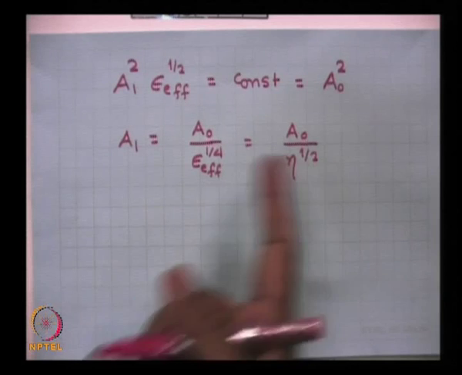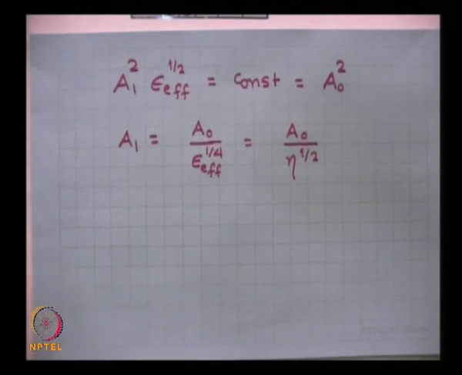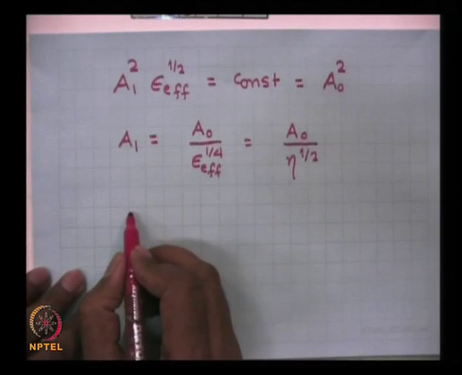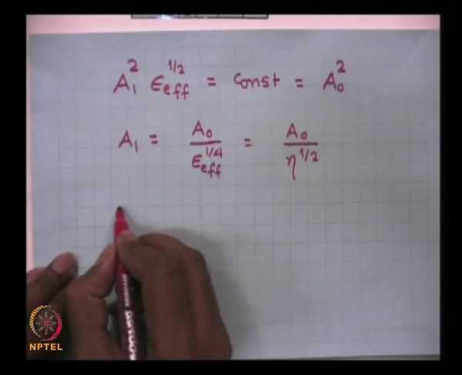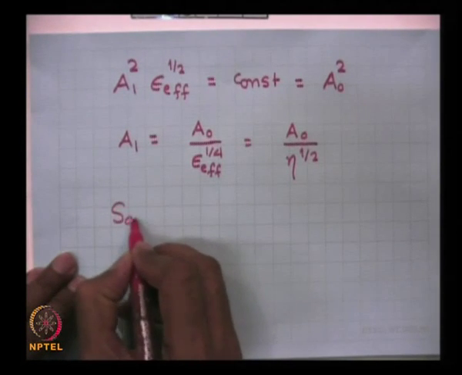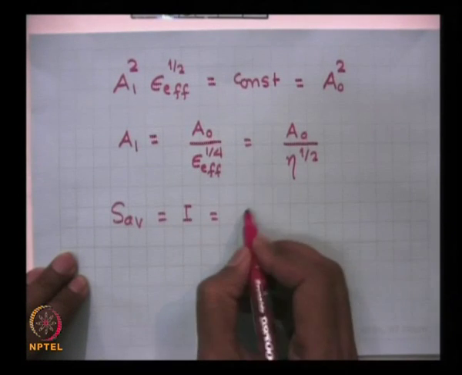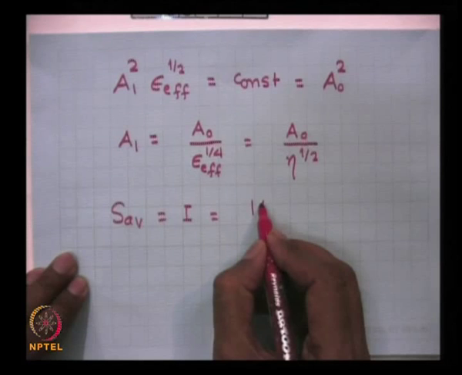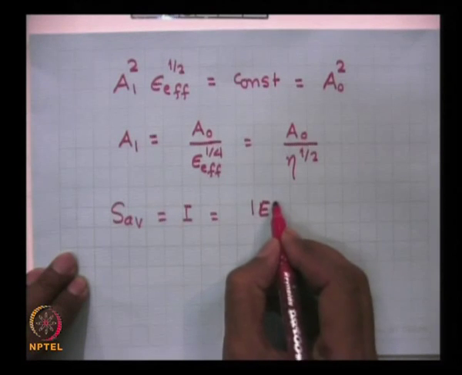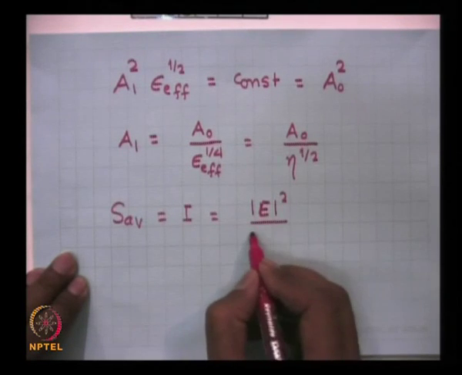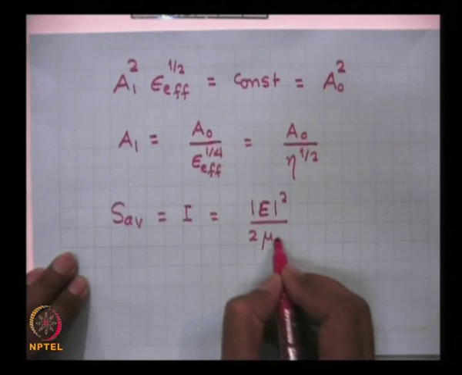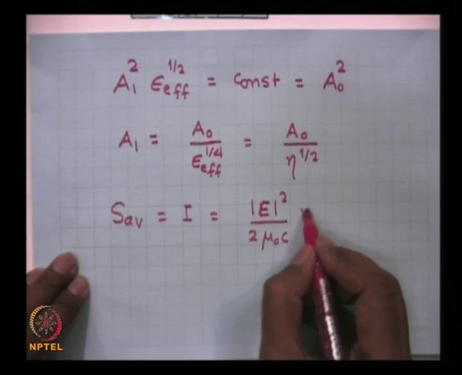This expression can be physically understood if you recall that in a plasma the time average Poynting vector, which is called the intensity of the wave, was equal to modulus of E square upon twice mu 0 c into refractive index.